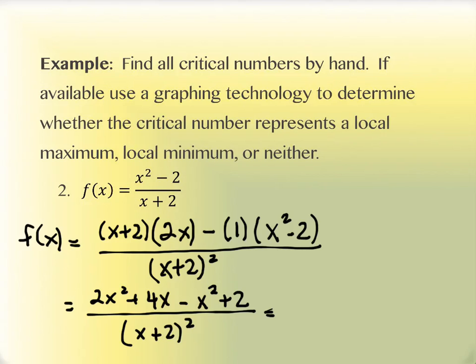What will that become? Just the x squareds. Combine the x squared. So I have x squared plus 4x plus 2. All right, and I didn't write this, this is the derivative, excuse me, make sure you get that noted in there too. This is the derivative we just found.